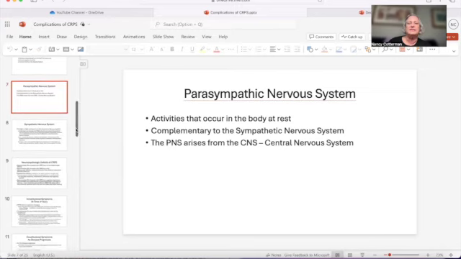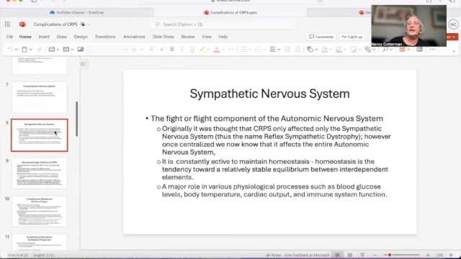The parasympathetic nervous system activates activities that occur in the body at rest. Complementary to the sympathetic nervous system, it arises from the central nervous system. The sympathetic nervous system is the fight or flight component of the autonomic nervous system.